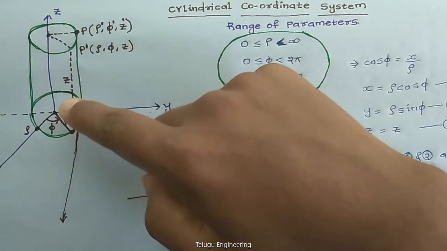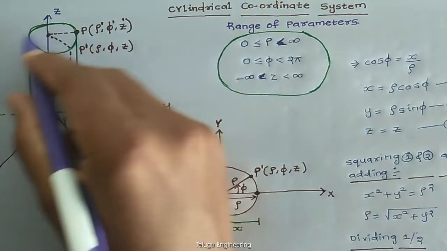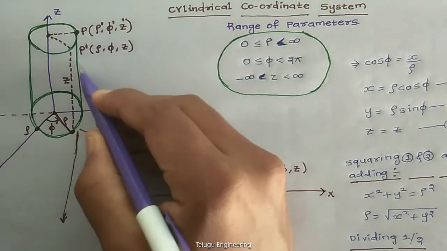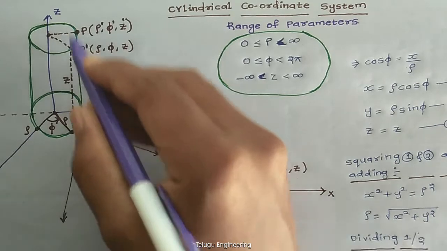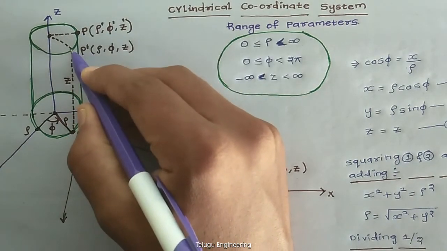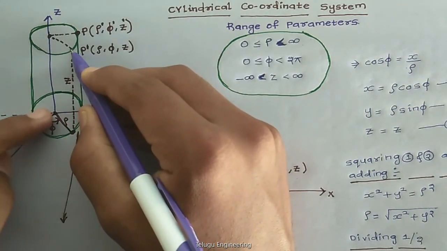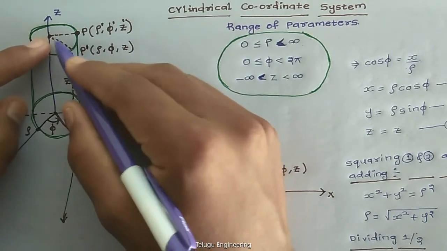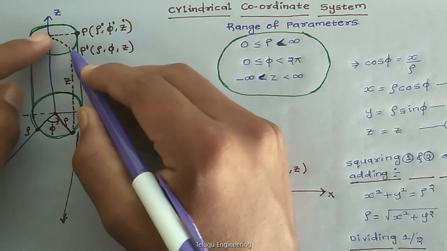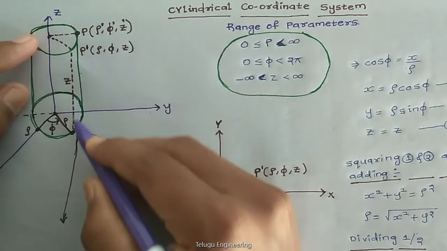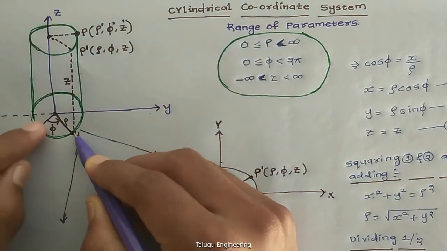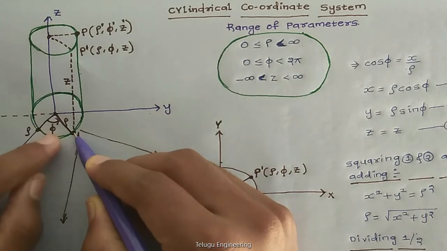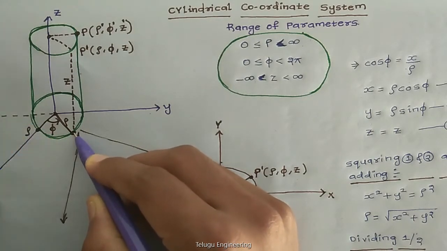Suppose this is a cylinder and we have a particular point P' here. We know that this P' has a particular radius r, and if we extend down to the xy plane, it has some phi angle from the x axis.